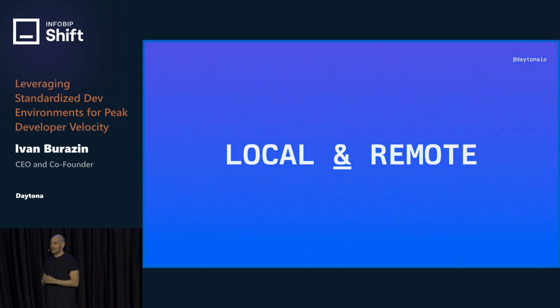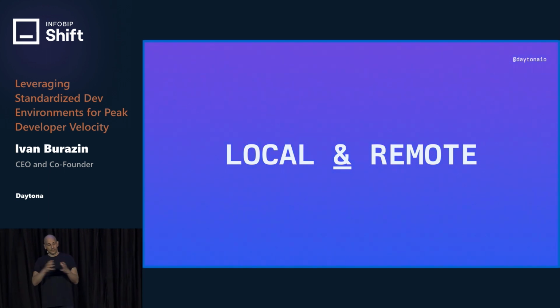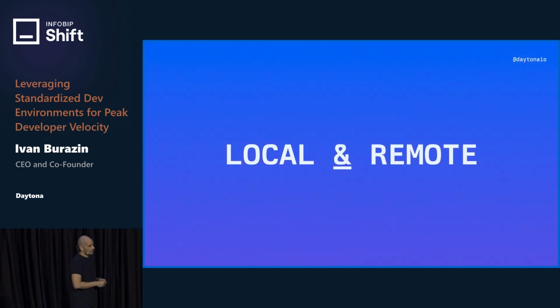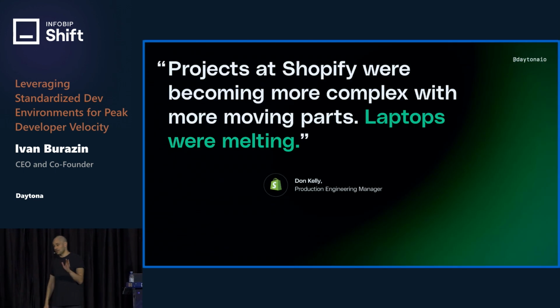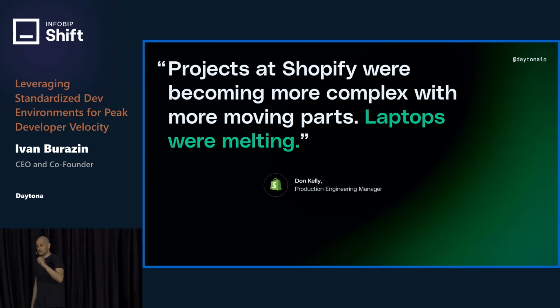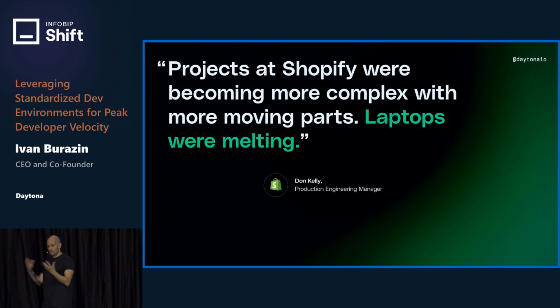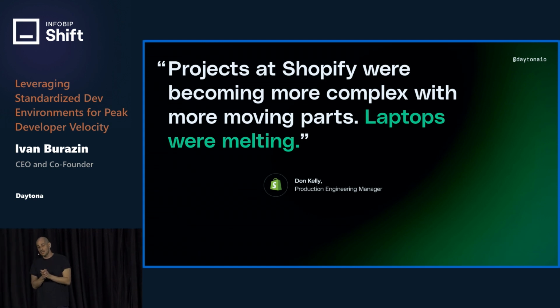So Shopify, 7 years ago, for their entire company defined standardized development environments on their local machines for all their engineers. And then about 2-3 years ago, this is a quote, I'm not lying, I had a call with him. So Don Kelly, the person that runs this product internally, they have an SD internally in their company, said the products of Shopify are becoming so complex with all the moving parts, the laptops were melting. This is a quote.